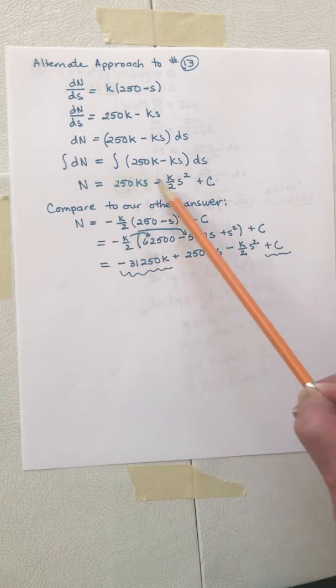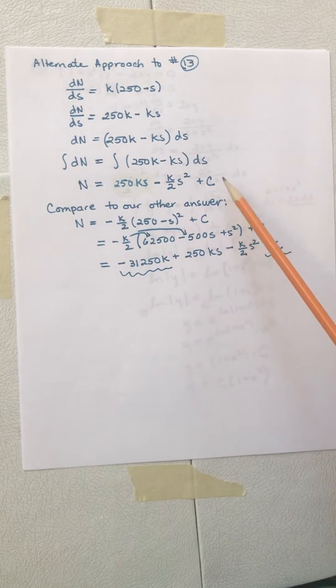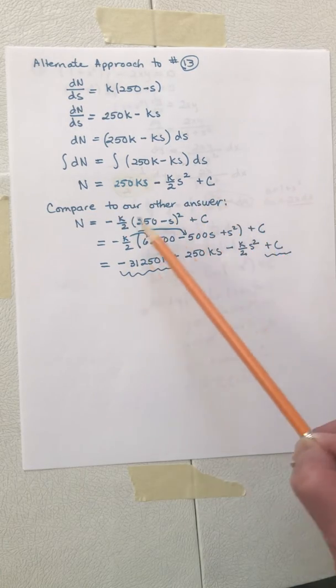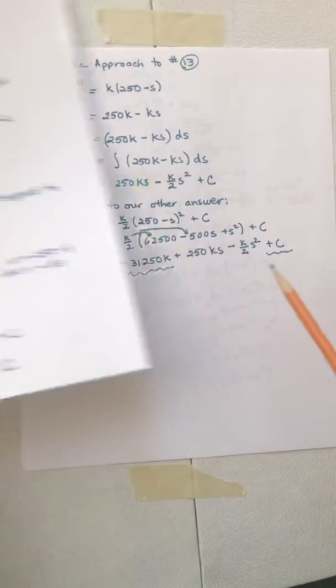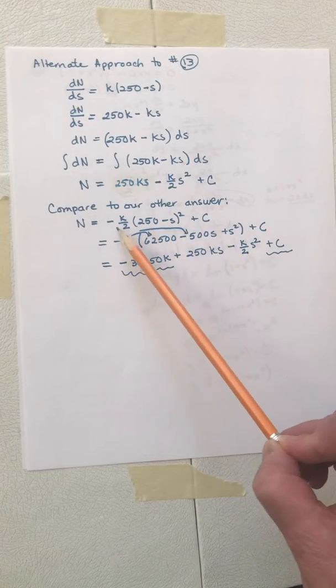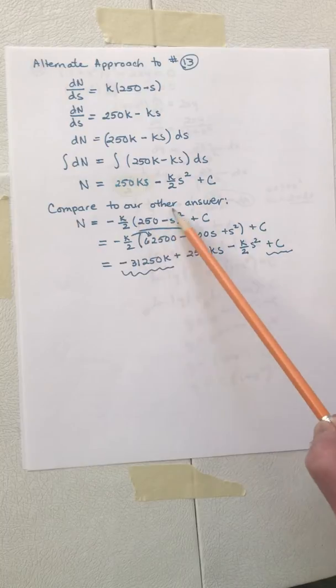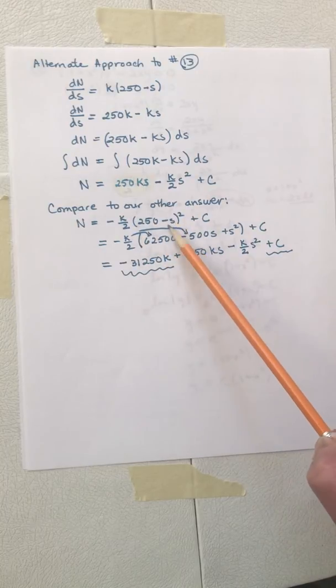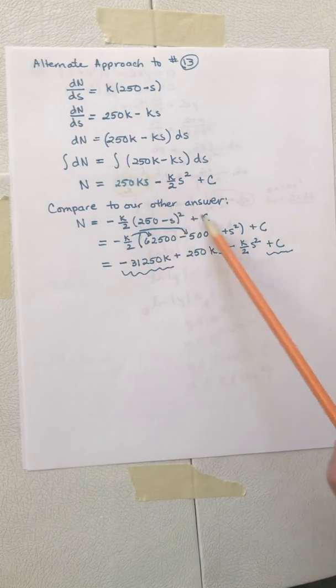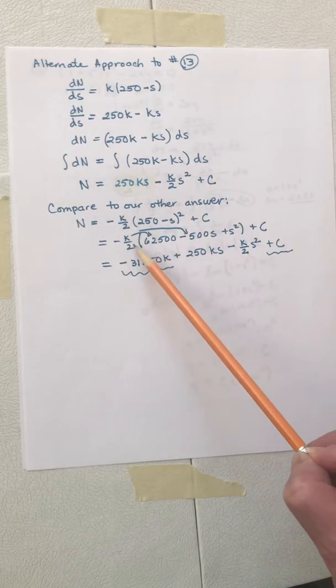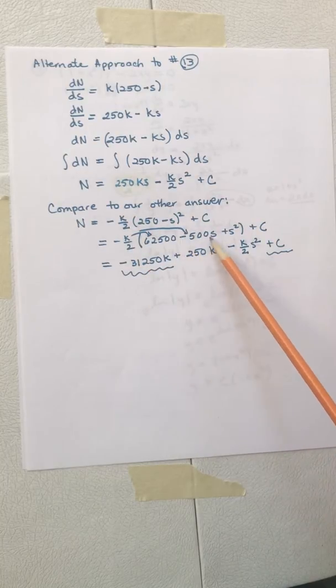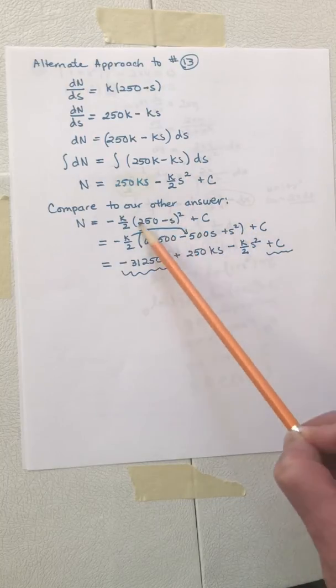All right, so that's a good answer too. If you got that answer, I'm happy. Okay, let's compare that answer with the one we got in the other method, which was down here, but I rewrote it up here. If we FOIL this out or multiply this 250 minus s quantity squared from the other answer, we would get our negative k over 2 from the other answer, 62,500 minus 500s plus s squared if you FOIL this out.